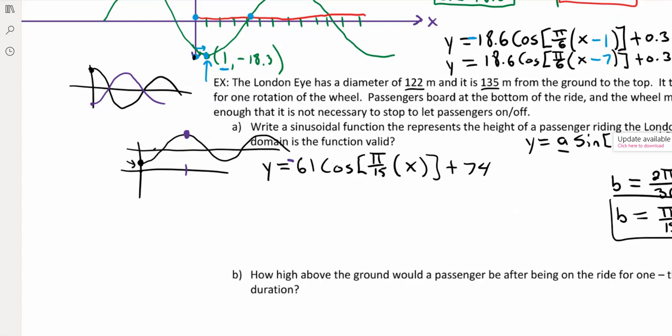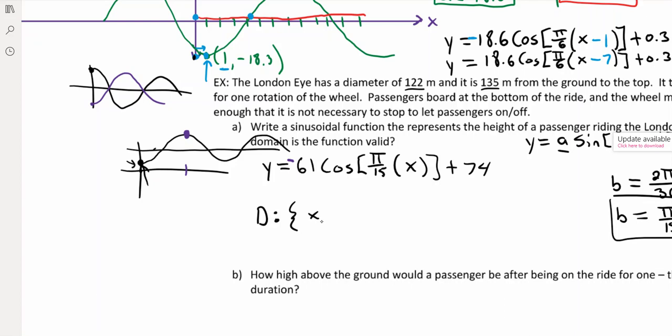Now it says, what's the domain of our function, and where is it valid? So our domain will just be, x has to be, well, we got on here, didn't we? People can jump on whenever, but we do have some point or some time that we started.